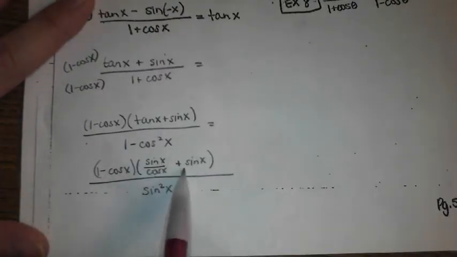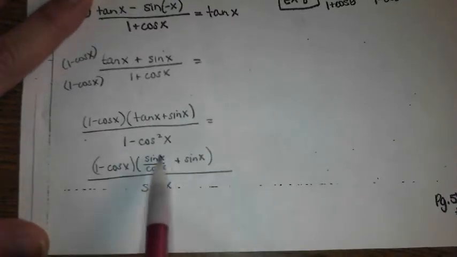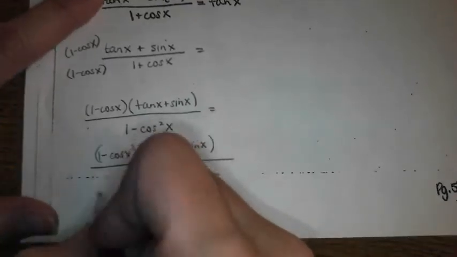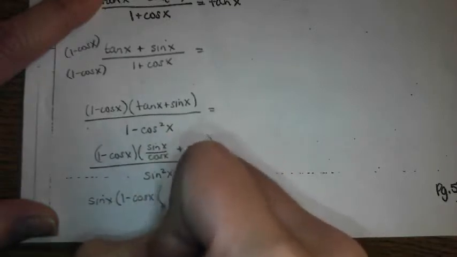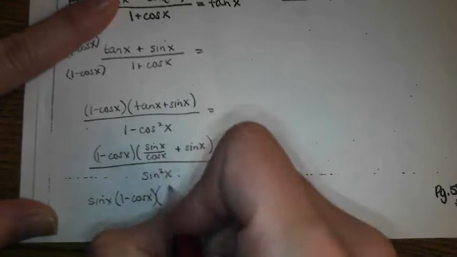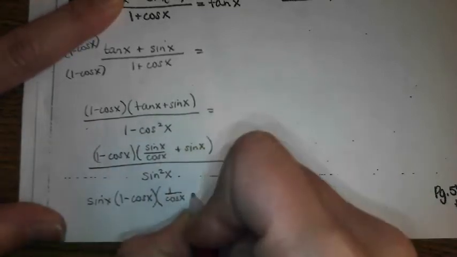So if I am right here on the top, I'm seeing that they both have a sine x, so my gut is to try to factor that out, which I can do. I'm going to take it way out in front. And then I'm taking out that sine x, so I'm going to have 1 over cosine x, which will be secant if I get there.